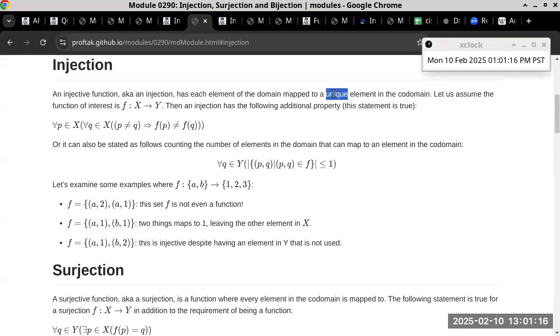Every injection is a function, but not every function is an injection, because it takes one more requirement to qualify as an injection. All right. So when we use English to describe everything, we kind of all understand what unique means, okay? Or we kind of know what it means. Yes, go ahead.